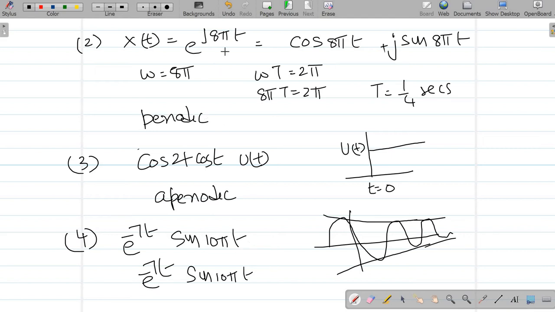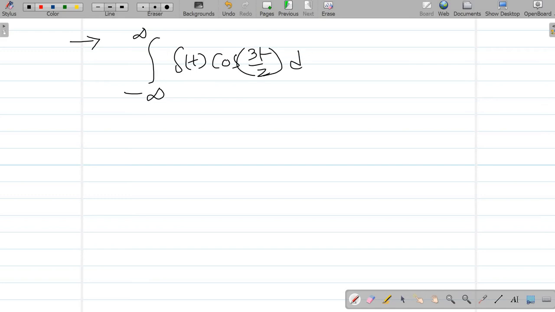Now let us take another problem. If we have the following integral, the integral of delta of t cos 3t by 2 dt, then this function can be written as delta of t minus 0 into cos 3t divided by 2.